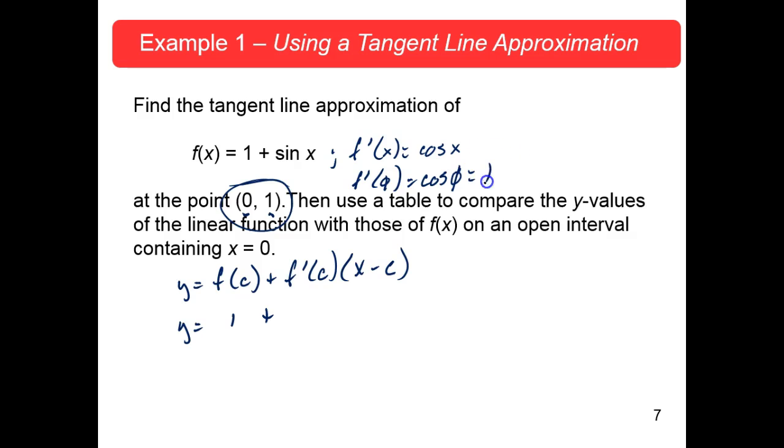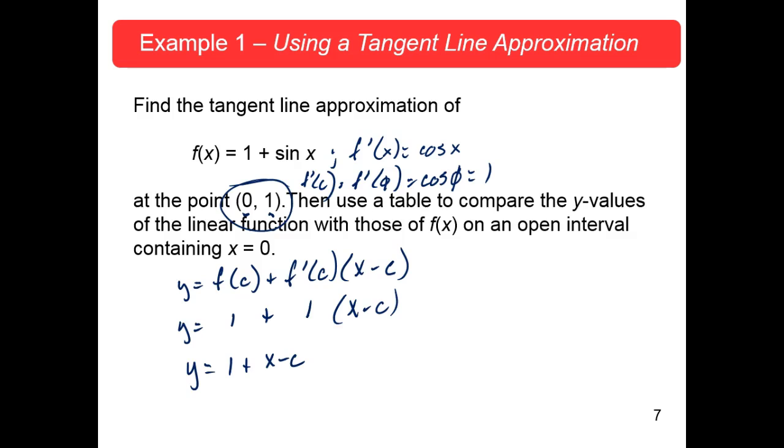It's 1. All right, so f prime of c, because c is equal to 0, that's 1 times x minus c. Okay? Pretty easy. Tangent line approximation. y is equal to 1 plus x minus c. That's it.